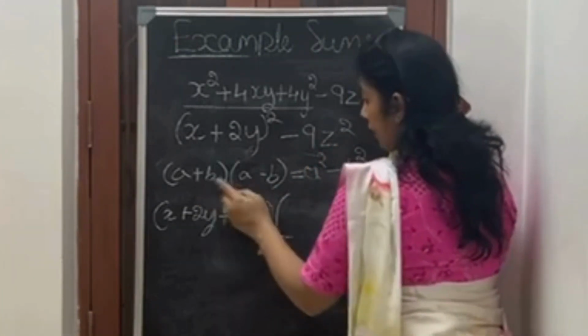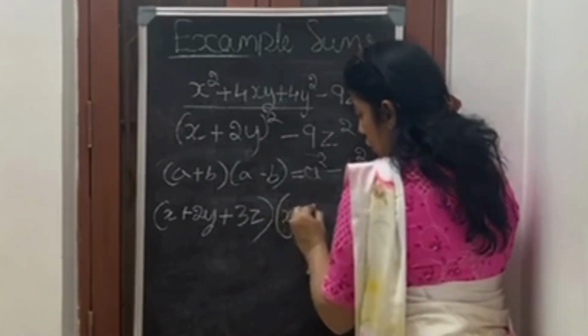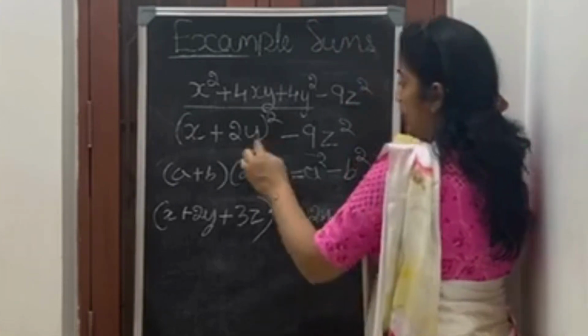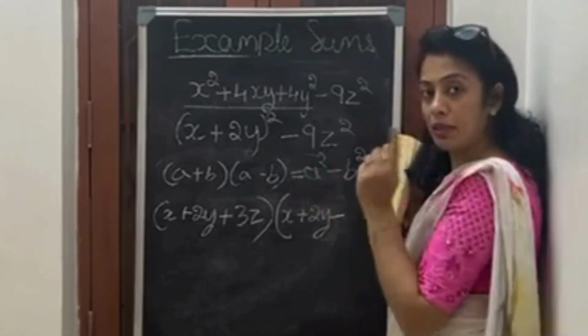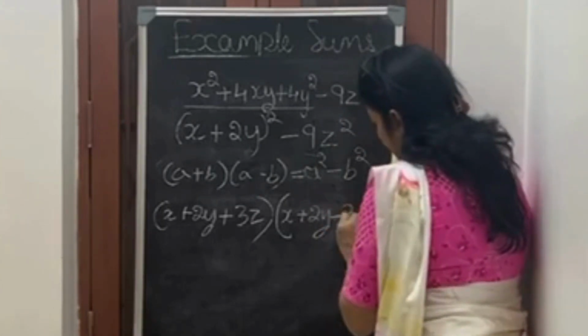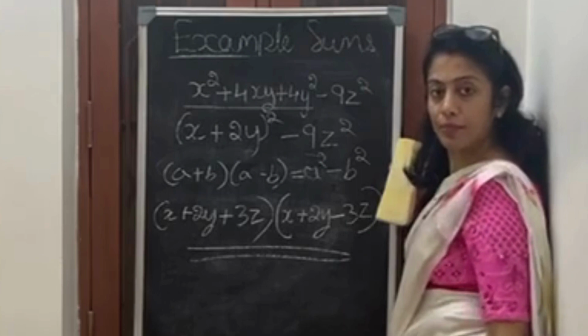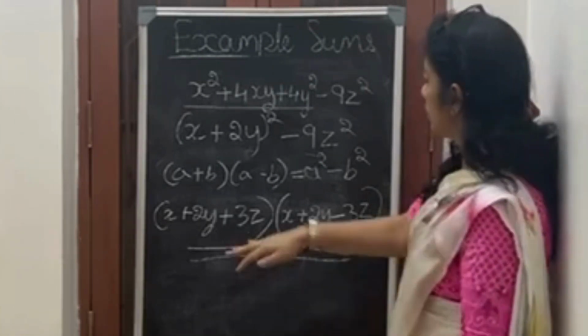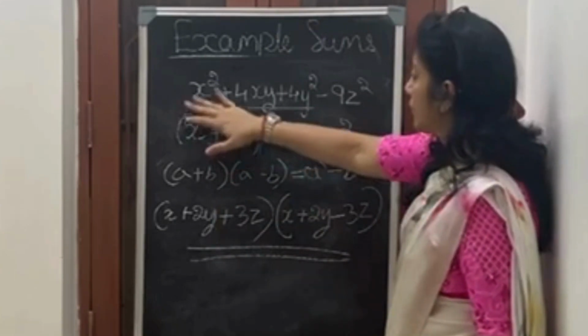Okay, then again a minus b. What is a? x plus 2y. Then minus b. What is my b? My b is 3z. Minus 3z. This is my final answer. If I solve this, I will get this. If you want, I can explain again.